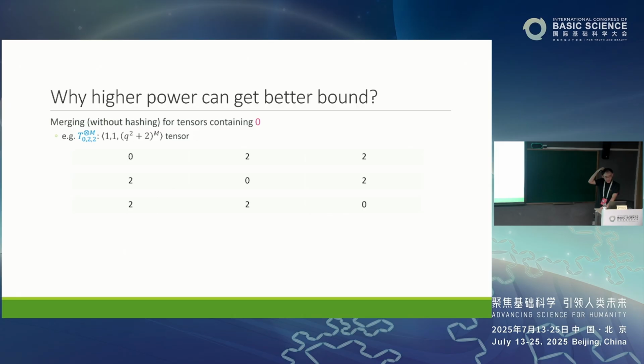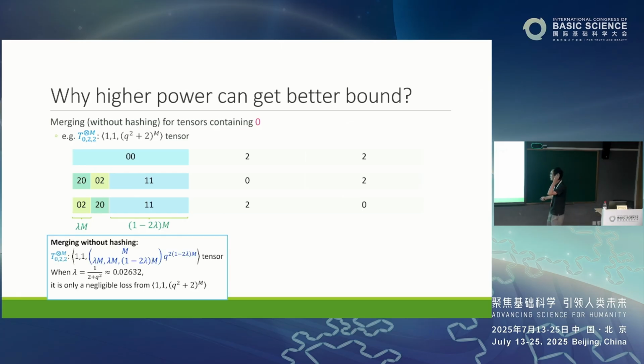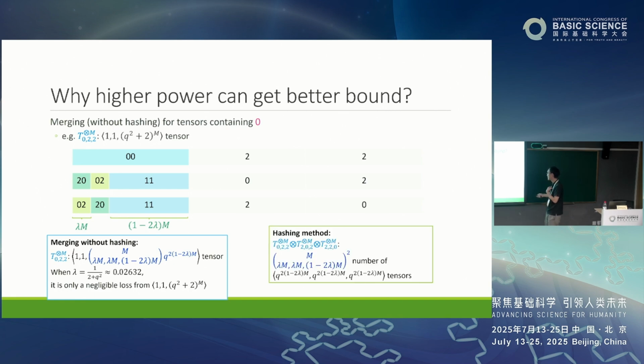But in the Coppersmith and Winograd paper, they explain why it can improve by taking higher tensor power. But in fact, if you analyze it in detail, you can see the improvement is because, when using the higher tensor power, for the subtensor containing 0, we directly use it without hashing.